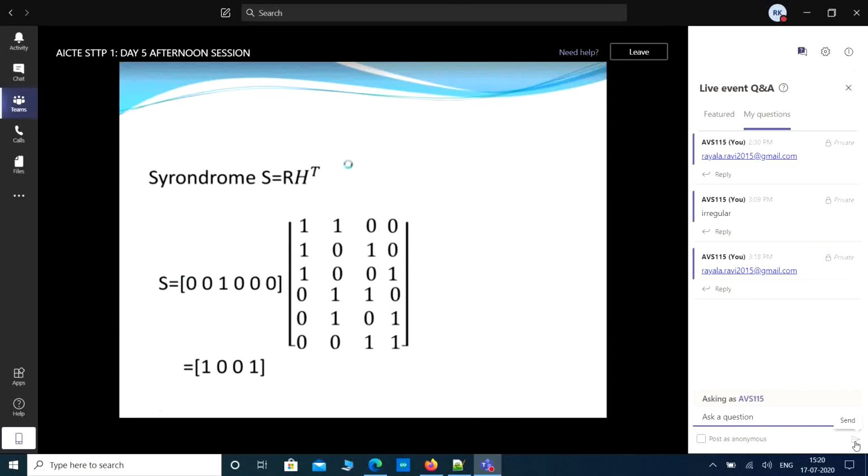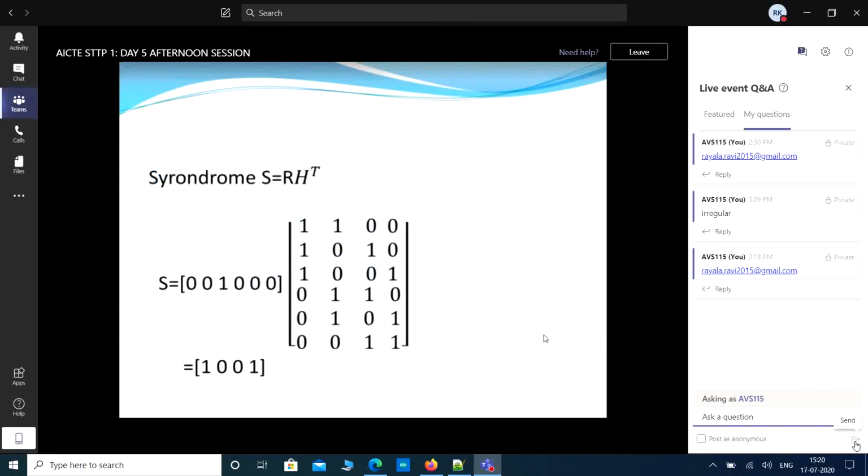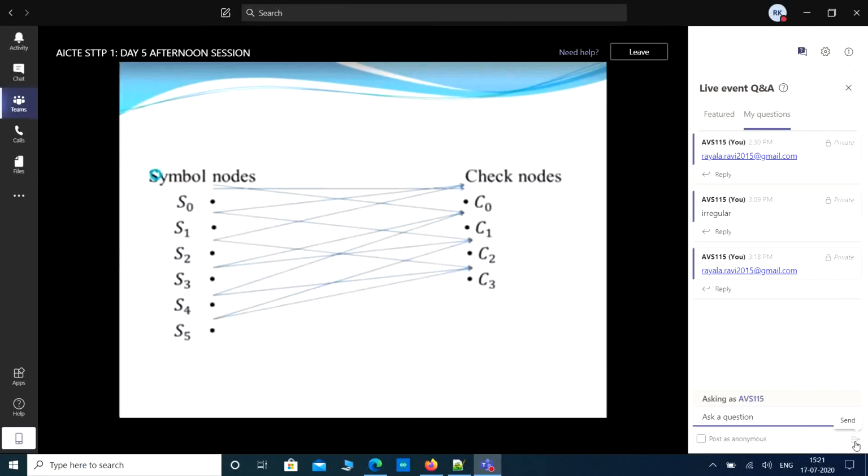In the graph, C0 is equal to 1 and C3 is equal to 1, meaning active for check nodes C0 and C3. After assigning C0 equal to 1 and C3 equal to 1, the first and last positions are binary bit 1, so we take only C0 check node and C3 check node. Actually, this is a bipartite graph. So S0 is connected to C0 means automatically C0 is connected to S0 also.